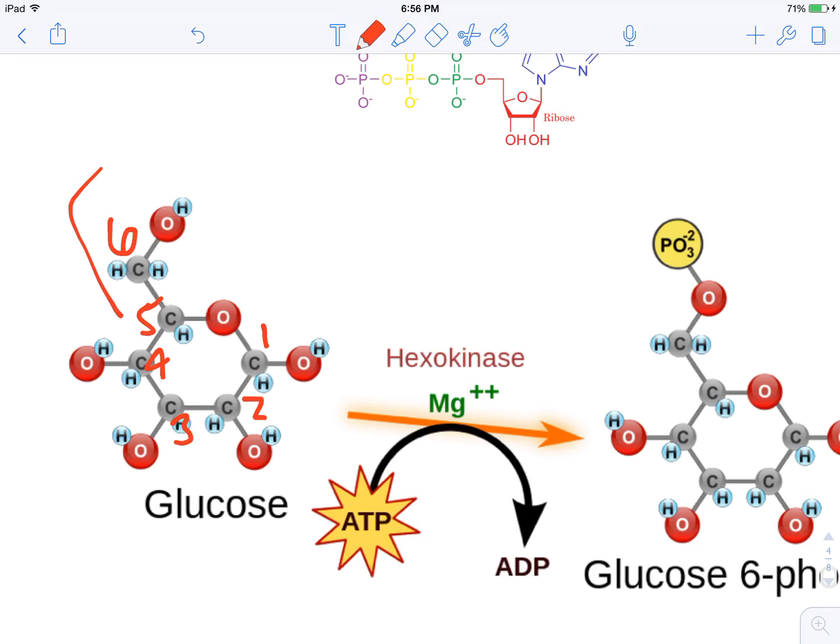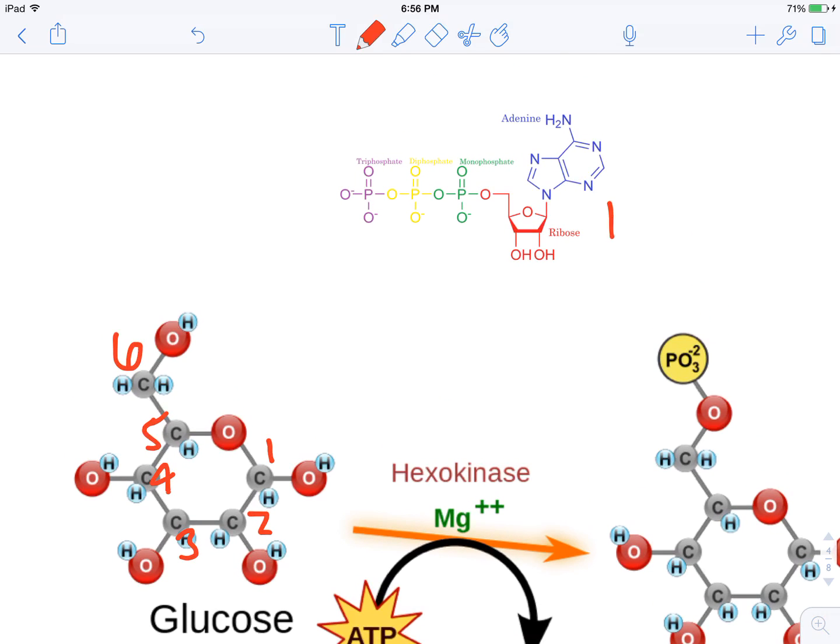It is outside, and it's very accessible. Let's assume we have ATP just floating around. And by floating around, I want you to keep in mind that glycolysis does not occur in the mitochondria. It is only the citric acid cycle and electron transport chain that occur in the mitochondria. Glycolysis occurs in the cytosol of the cell.